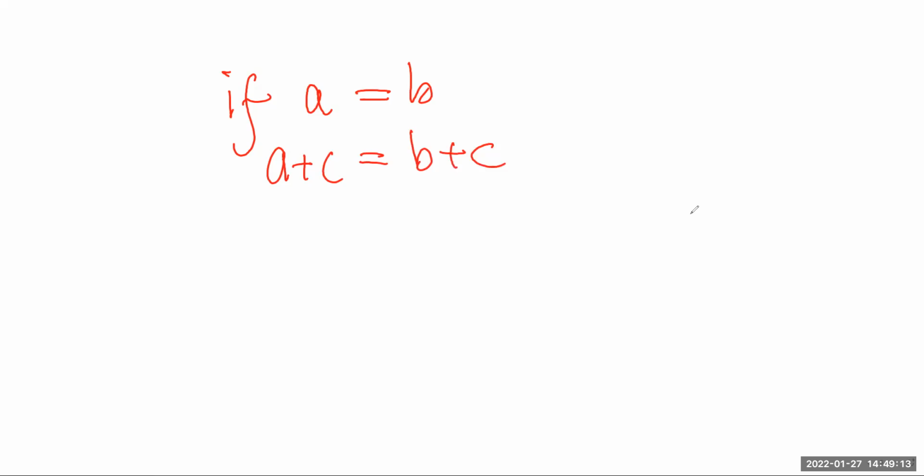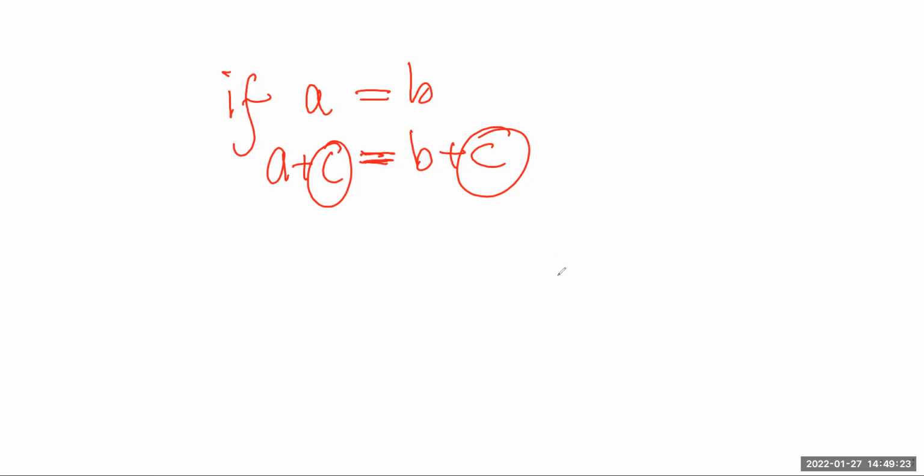So it has to deal with equations. So far we're dealing with operators, addition and multiplication. Now we're going to deal with equations. We have this rule: if A is equal to B, then A plus C is equal to B plus C. As long as you add the same number on both sides, the equation is true.